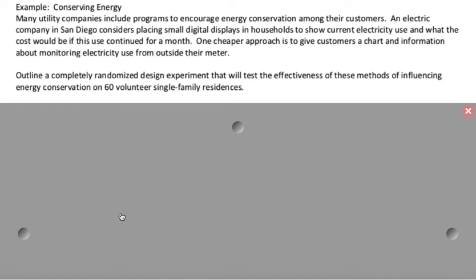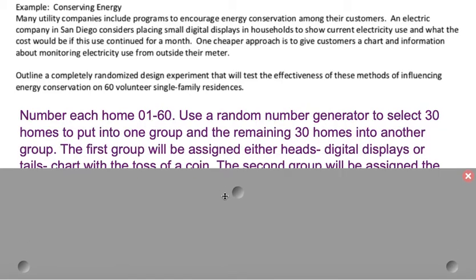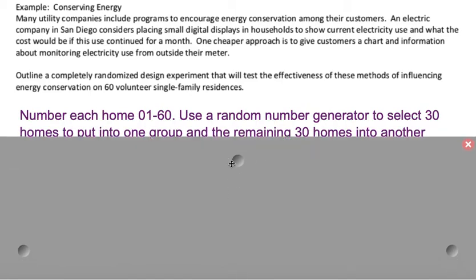So if we wanted to do a completely randomized design, here's kind of what I was thinking. We would number each home 0, 1 to 60. Okay, and this is where we need to go back to our label idea and then randomize. So we're going to label so that all 60 houses have a number.